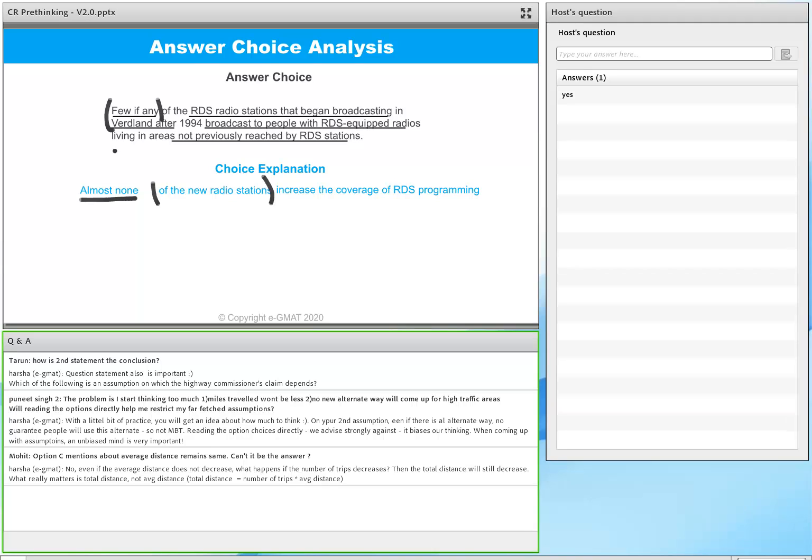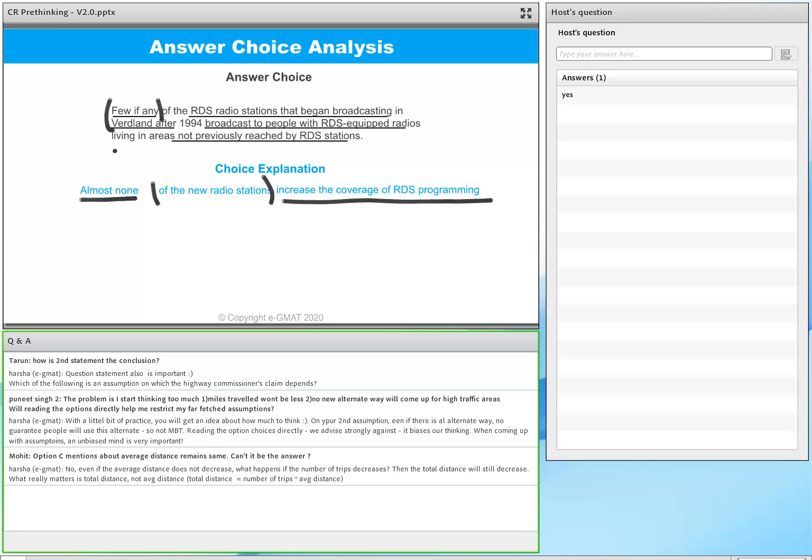So what does that mean? This means increasing the coverage of RDS programming. What this choice is saying is that almost none of the new RDS stations increase the coverage of RDS programming, or almost none of these stations reach people who had the right kind of radios but were not previously reached by the existing 250 stations.